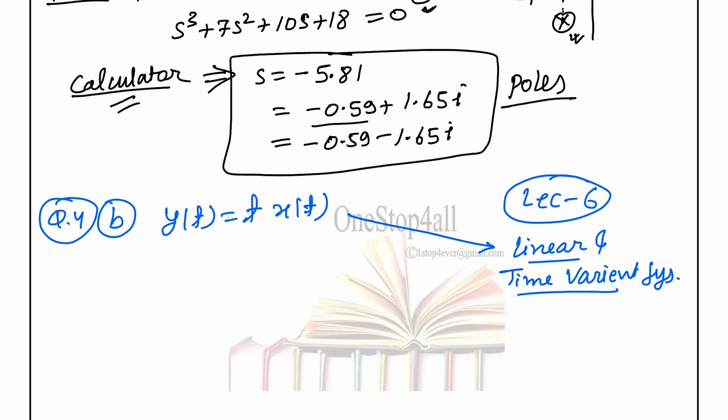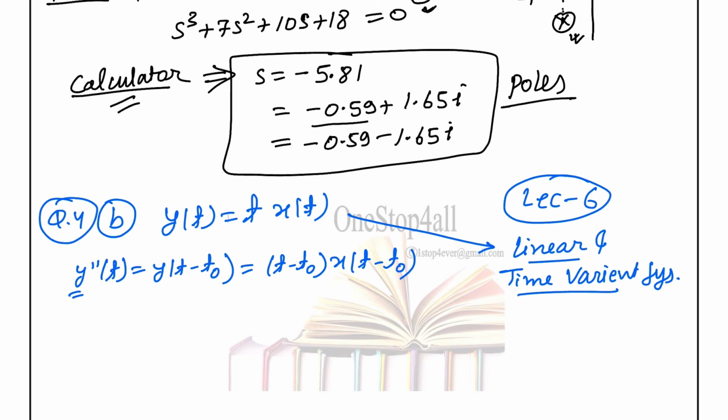We need y dash of t, meaning we simply shift the output. So y of t minus t naught will be t minus t naught into x of t minus t naught. This is your simple output.